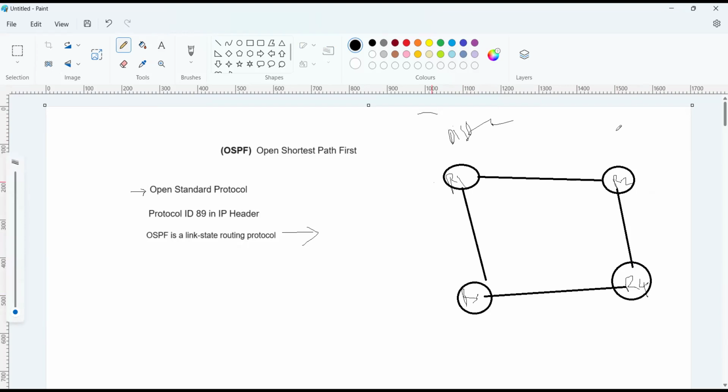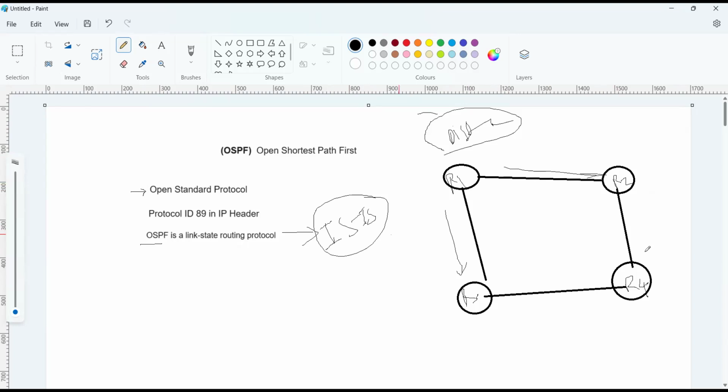In a distance vector routing protocol, routers have only their neighbor information. They don't have topology information. But in OSPF, a link state routing protocol, and also IS-IS, Intermediate System to Intermediate System, which is also a link state routing protocol, both of these work as link state routing protocols.